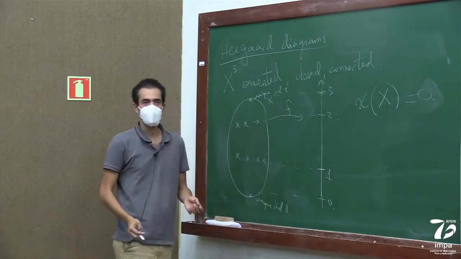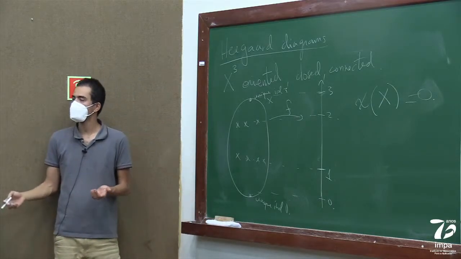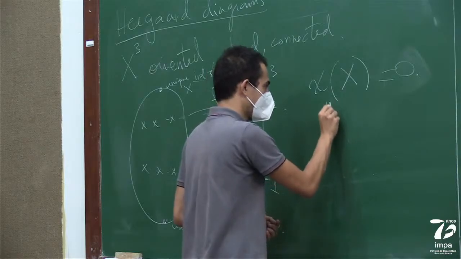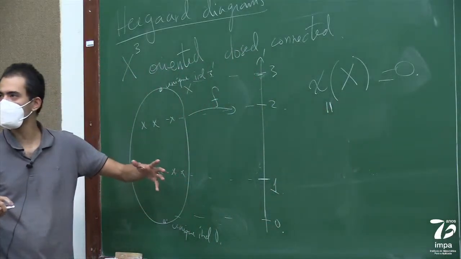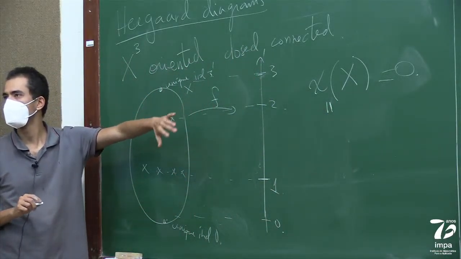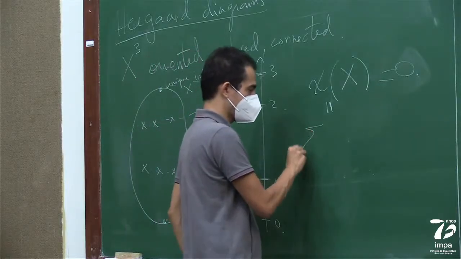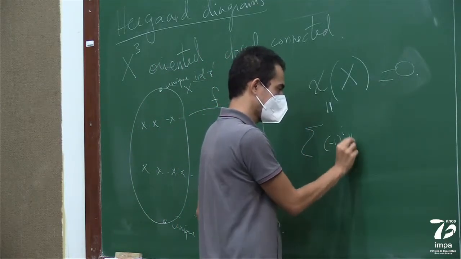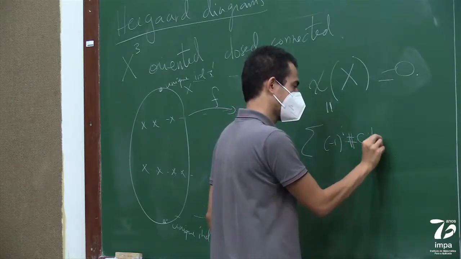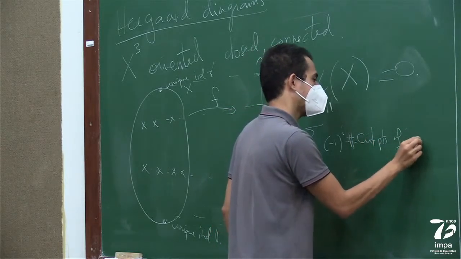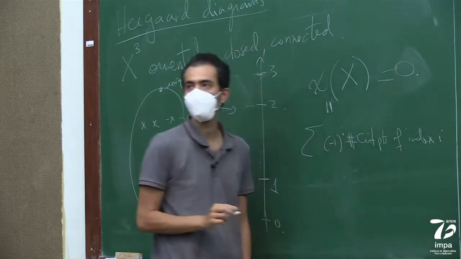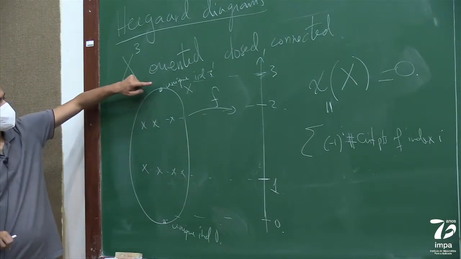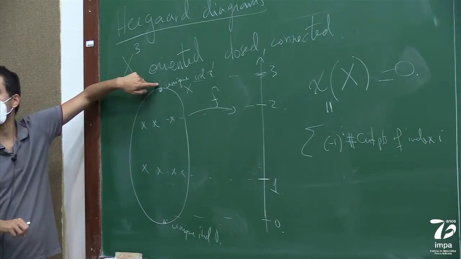And by, for example, the Poincare-Hopf theorem, this is one way to see it, this is equal to the number of critical points with alternating signs. So this is the sum of (-1)^i times the number of critical points of index i. So this is going to be 1 minus 1, which is 0.